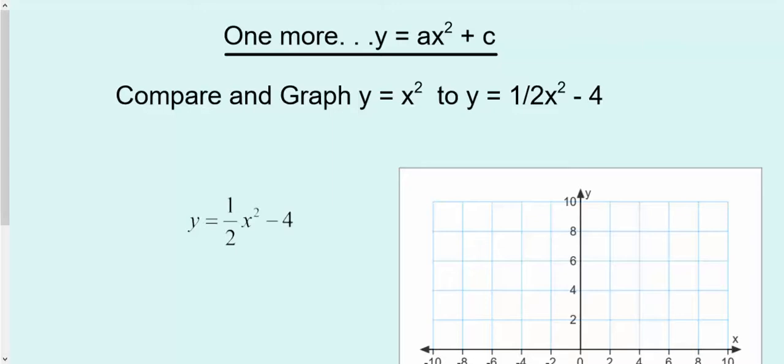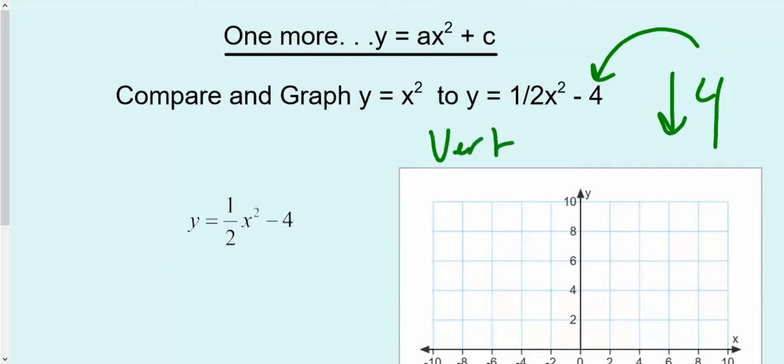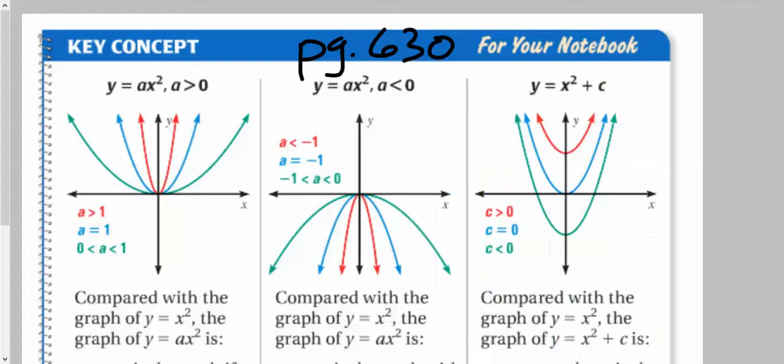So this one here, this is going to go down 4 units. That's what this -4 is going to do. And this is going to be a vertical shrink of 1/2 because of the 1/2. So it's going to become wider. There you go. I'm not going to graph that because we've seen enough graphing.